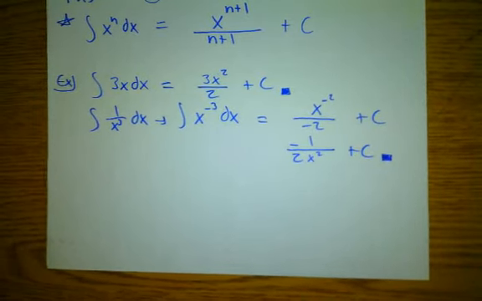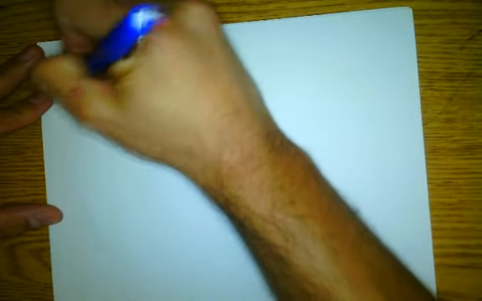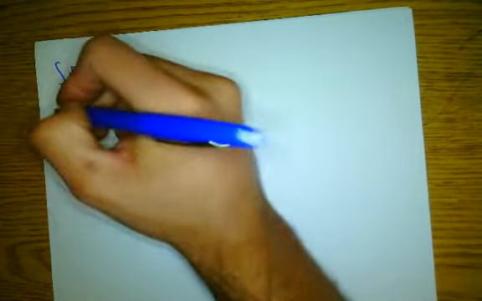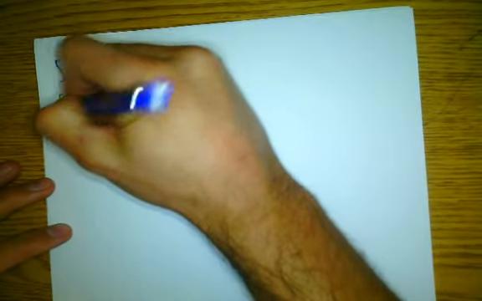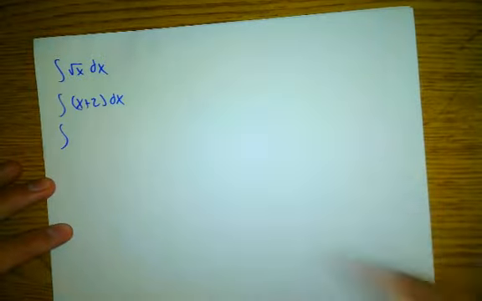Right? Okay, now I'm going to give you a few to try. So if you're watching the video, try the next ones. Pause the video. When you're ready, come back and check the answer. So here you go, guys. The integral of the square root of x dx. The integral of x plus 2 dx.